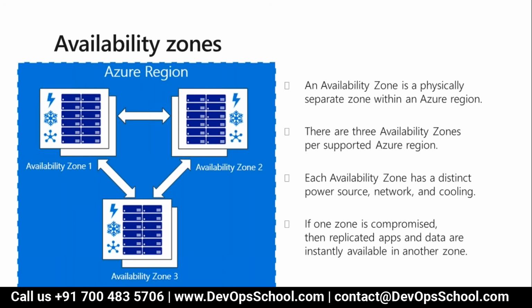Suppose something happens, like in 2016, Chennai was badly affected by a cyclone, right? Due to that, so many offices, TCS, Accenture, Wipro, shut down their offices for 1 or 2 weeks.